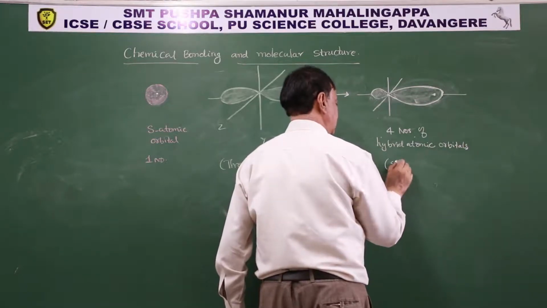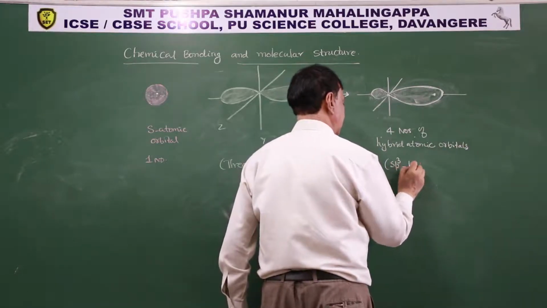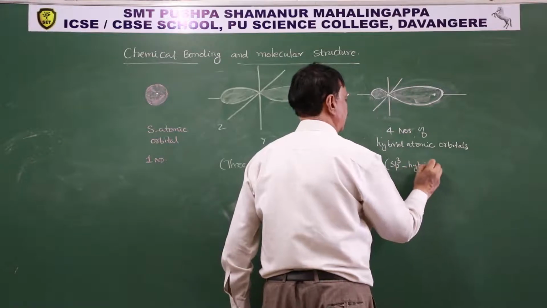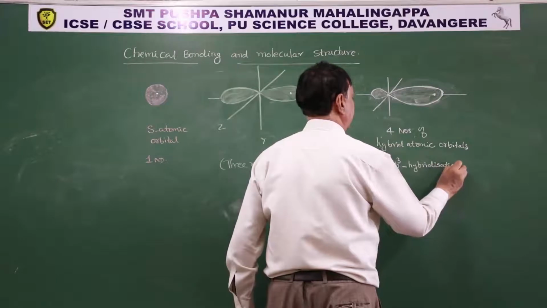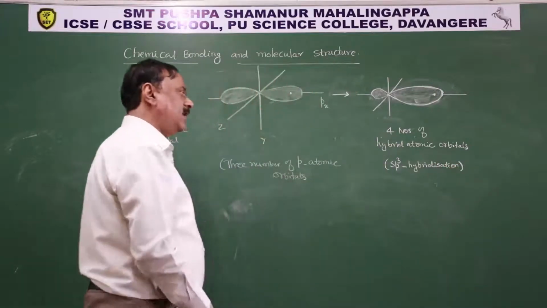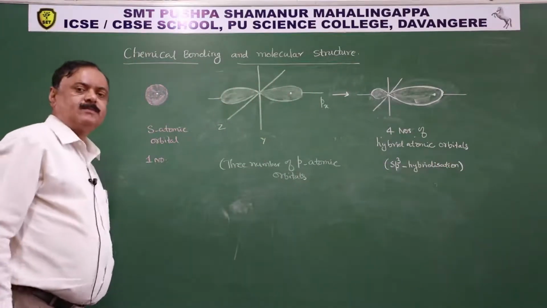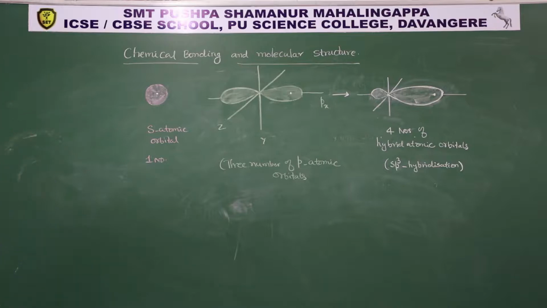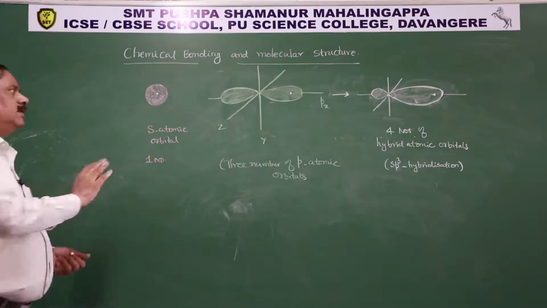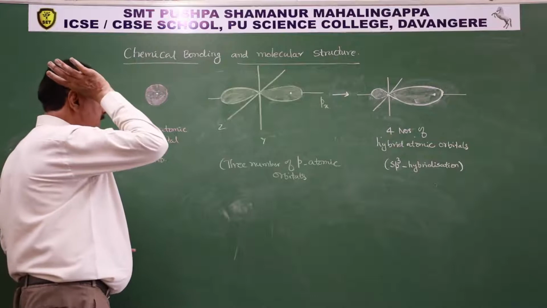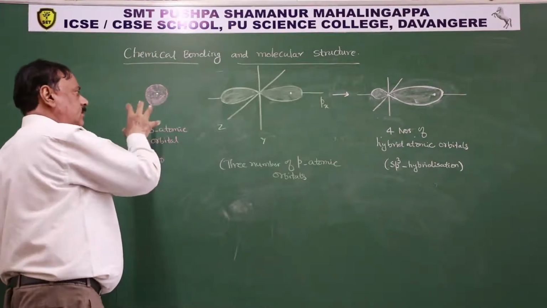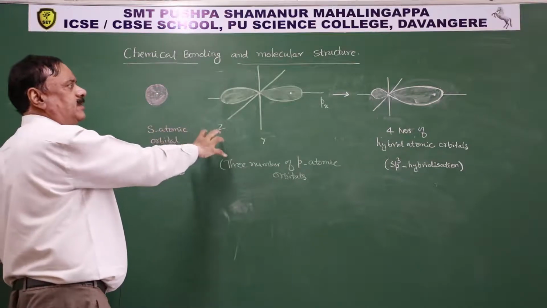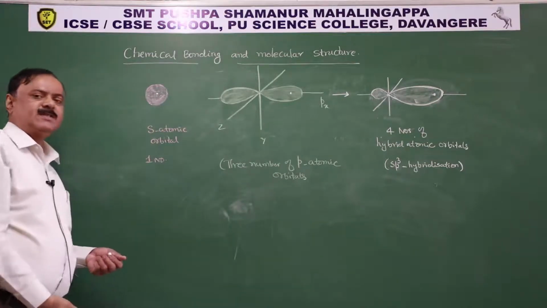This is called sp3 hybridization. Is it clear? Now this is how the hybridization occurs, by mixing up 1 s atomic orbital and 3 p atomic orbitals.